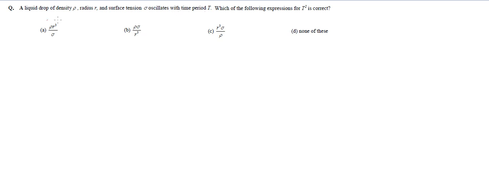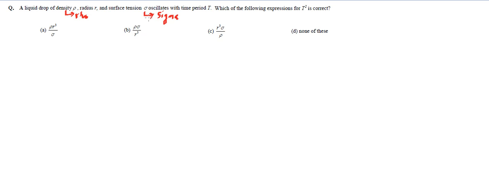So these are all aspects of physics we will be dealing with in the respective chapter. But yes, we know that this time period depends on surface tension, radius r and density rho. This surface tension is sigma, read as sigma, and this is read as rho.